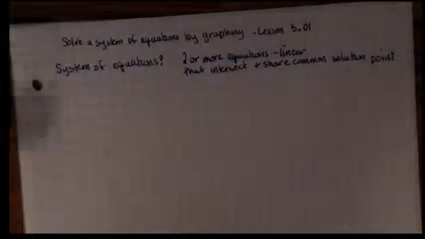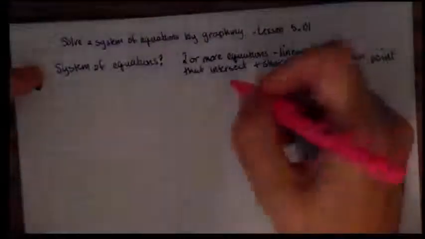These are linear, that intersect and share a common solution. Now, the solution of the system of equations is the intersection. So these two things, the intersection and the solution, are the same.